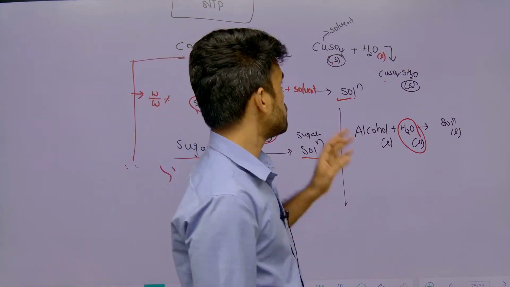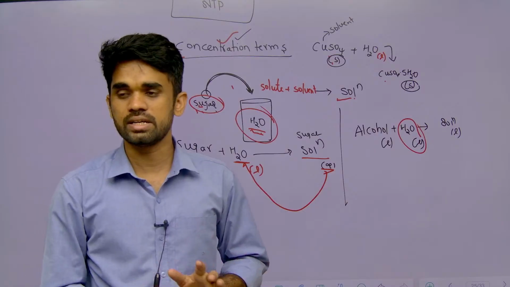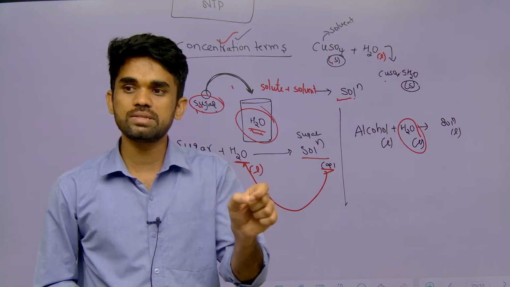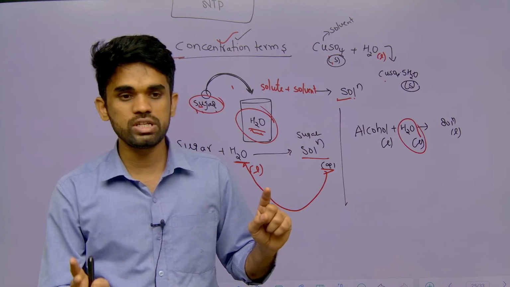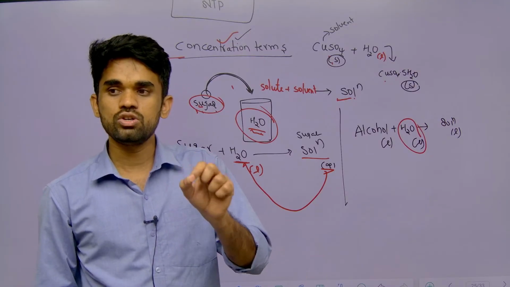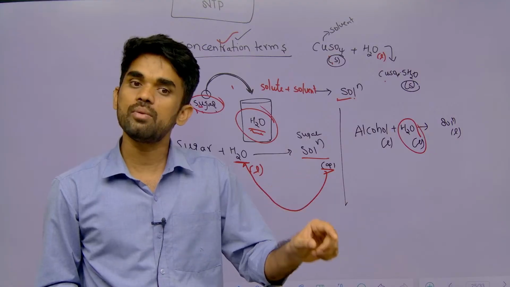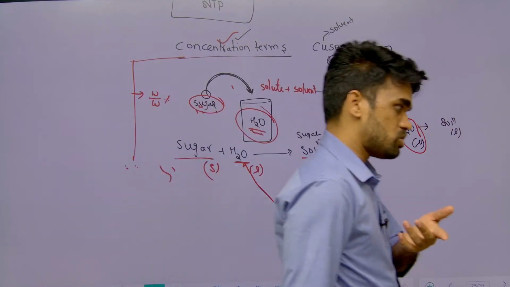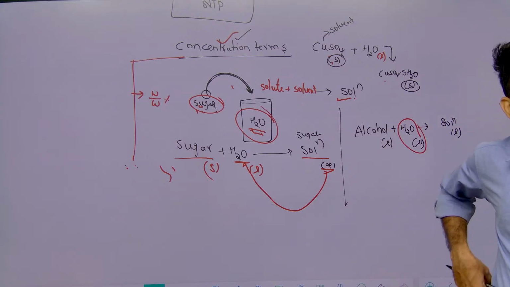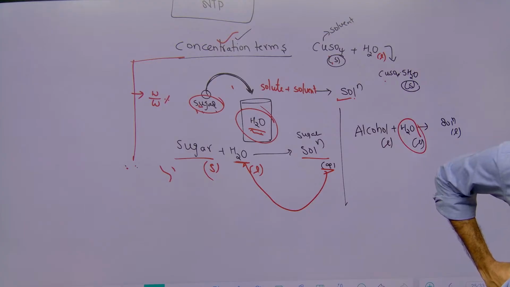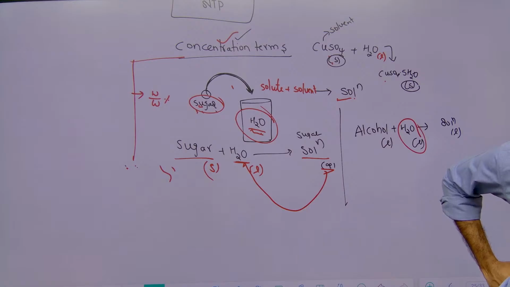Solution means solute plus solvent is the structure of a solution. So the definition: you should say a homogeneous mixture of 2 or more components. Once again, it should be homogeneous. If it is heterogeneous, don't call it a solution. So a solution is a homogeneous mixture of 2 or more components. Okay, write that down.